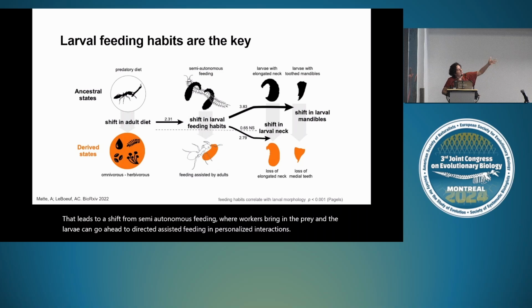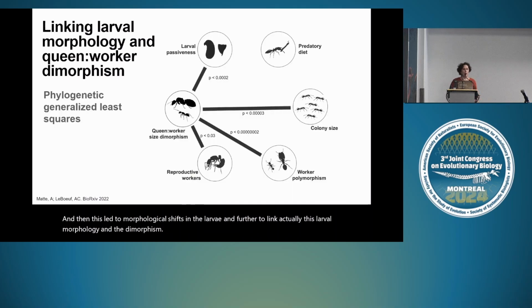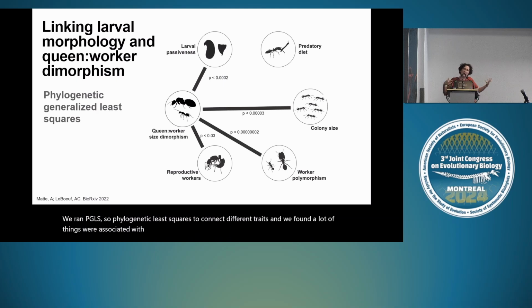And then this led to morphological shifts in the larvae. And further, to link this larval morphology and the dimorphism, we ran PGLS, phylogenetic generalized least squares, to connect these different traits. We found a lot of things were associated with dimorphism, but what led to what?